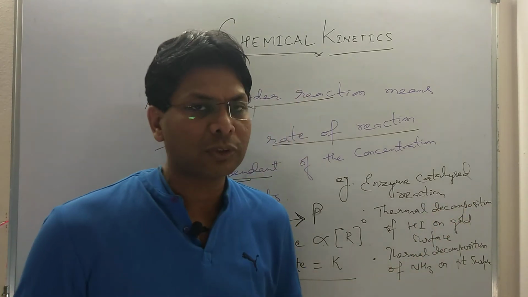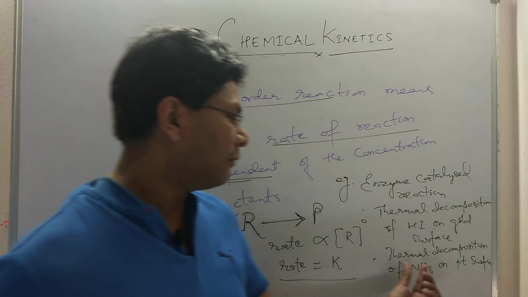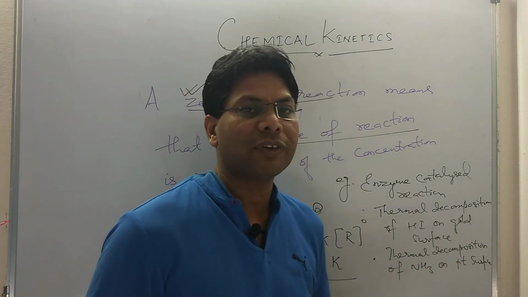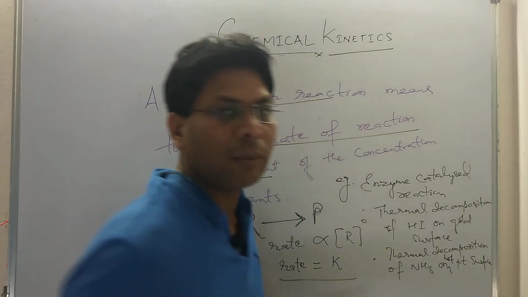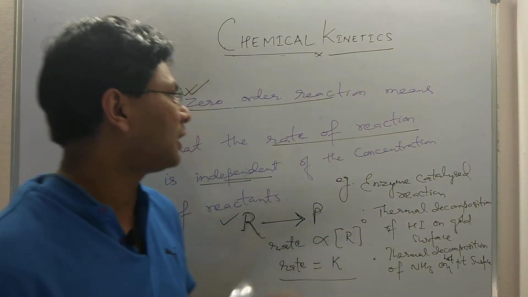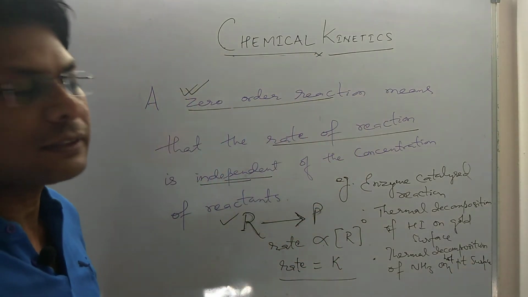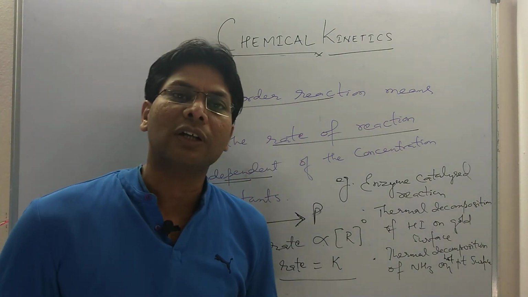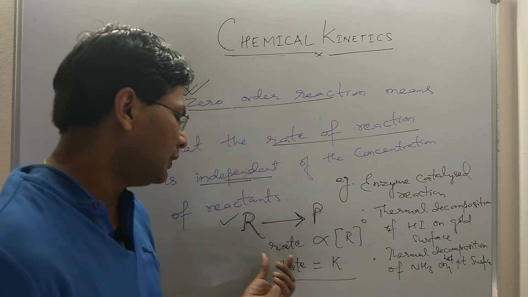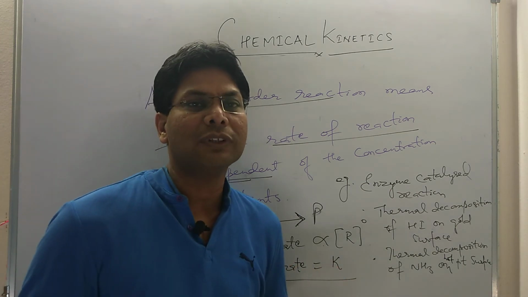When HI is decomposed, it will give H2 plus I2, and when ammonia is decomposed on hot platinum surface, it forms nitrogen gas and hydrogen gas. So these are a few examples of zero order reactions. A zero order reaction is a reaction whose rate is independent of the concentration of any of the reactants. That means rate is equal to the rate constant for a zero order reaction.